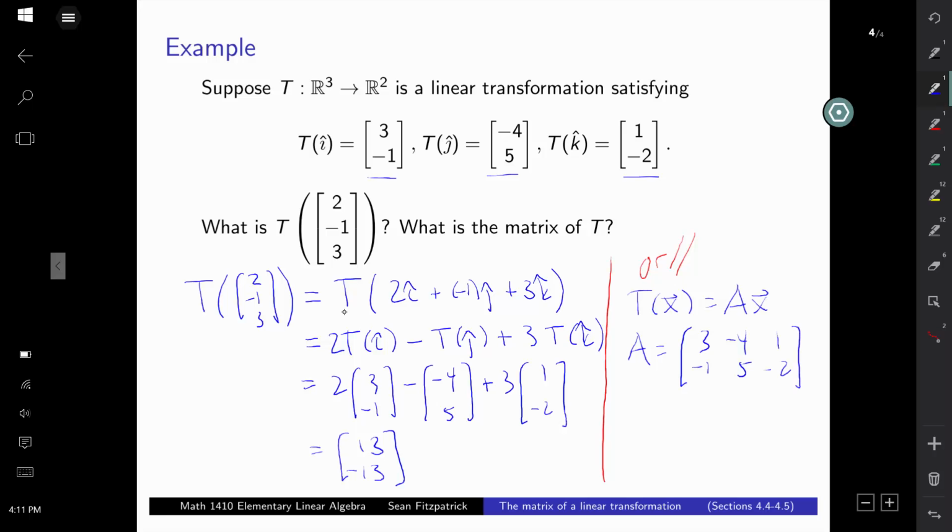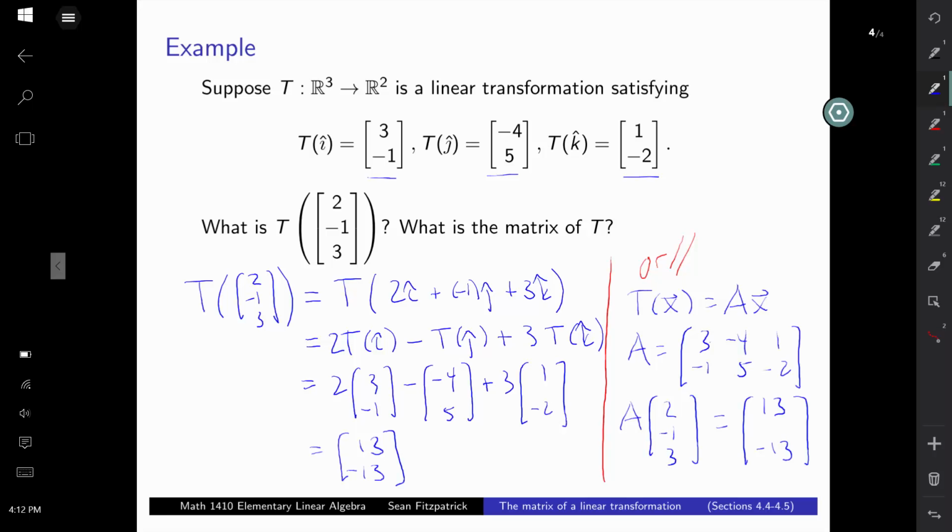Then I can check that if I multiply A by 2, minus 1, and 3, I get 2 times 3, minus 1 times minus 4, plus 3 times 1, so 6 plus 4 plus 3, which is 13. The second entry is minus 1 times 2, minus 1 times 5, plus 3 times minus 2: minus 2, minus 5, minus 6, which is minus 13. The same as before. So either method works.